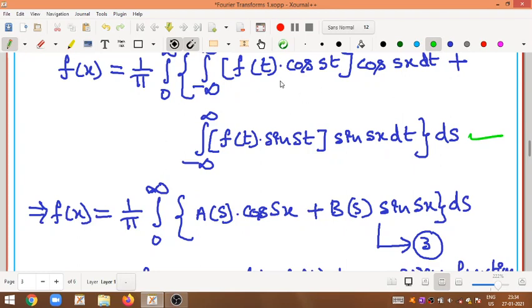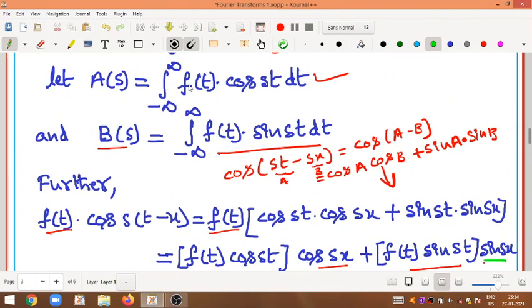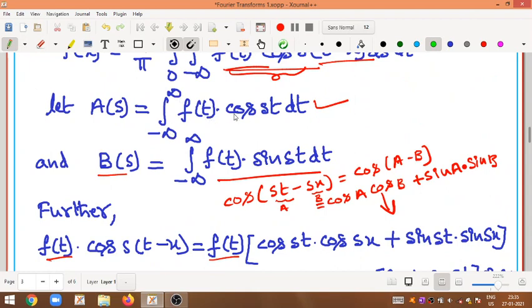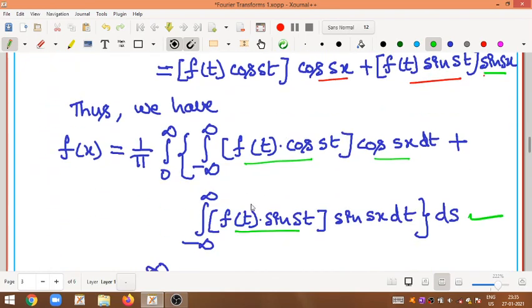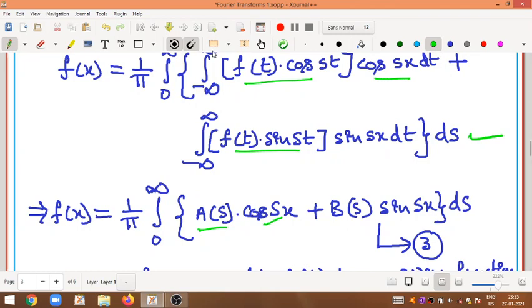So f of x is equal to 1 by pi into the integral from 0 to infinity of [the integral of f of t into cos st into dt, which is A of s, into cos sx, plus the integral from minus infinity to plus infinity of f of t into sin st into dt, which is B of s, into the remaining term sin sx] into ds.